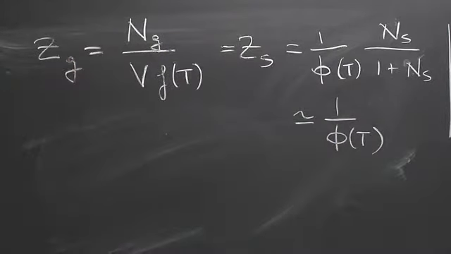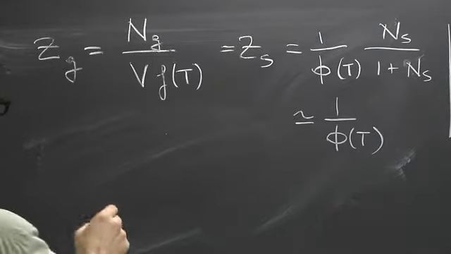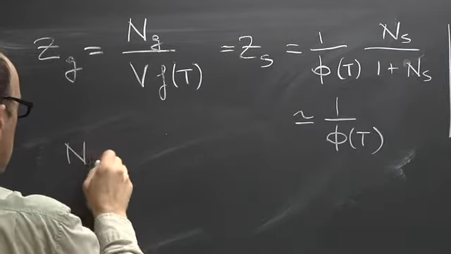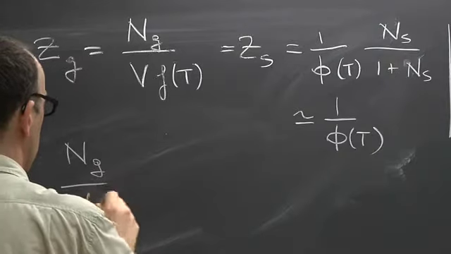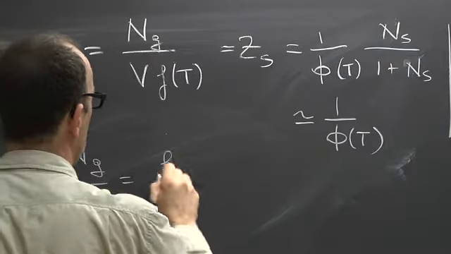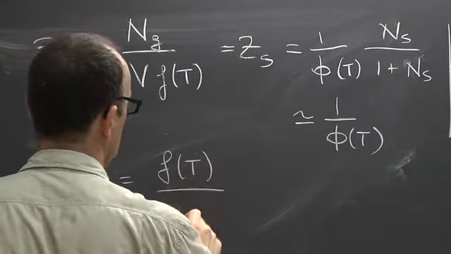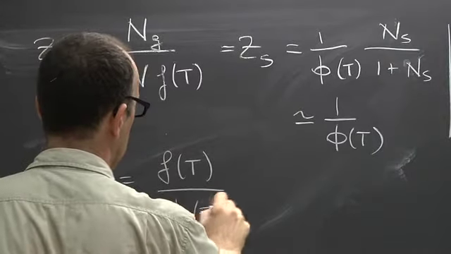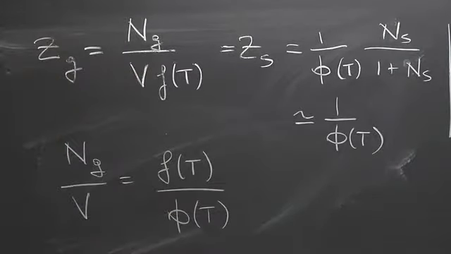So the condition is that the density of the gas is equal to f of T divided by φ of T. Okay?